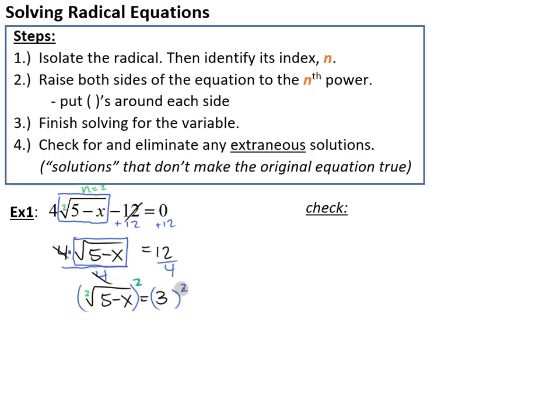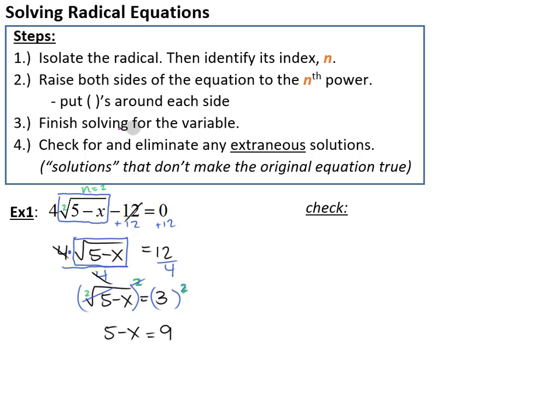The reason being, these square and square root operations are opposites. It's like multiplying by 4 and dividing by 4, or positive 12 and negative 12 when adding or subtracting, they cancel each other out. So squaring both sides will get rid of our radical. We're going to end up with 5 minus x. Over here we broke free of our radical prison, and then 3 times itself twice is 9.